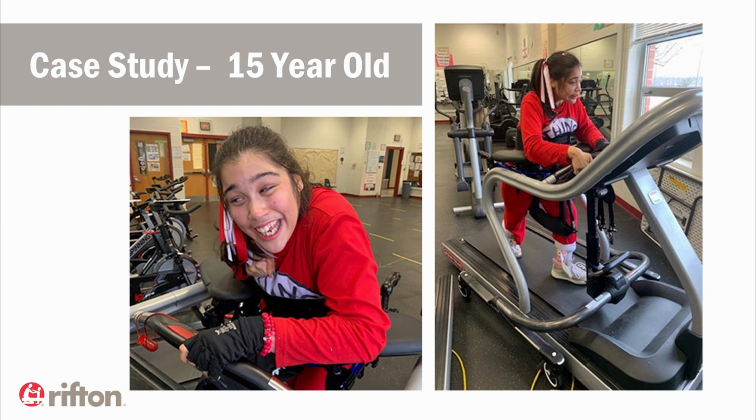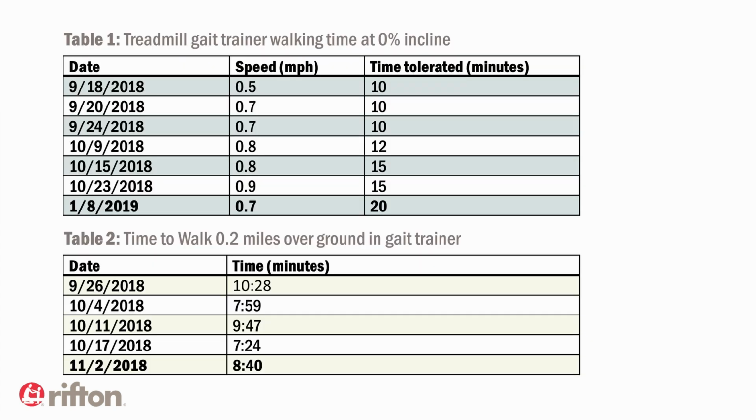But this therapist trialed Rachel on a treadmill with her pacer gait trainer 2 or 3 times a week, and she did also continue her overground walking in the school routine, as well as other exercises. But here we can see over 3 months how she increased her walking tolerance from 10 minutes to 20 minutes.